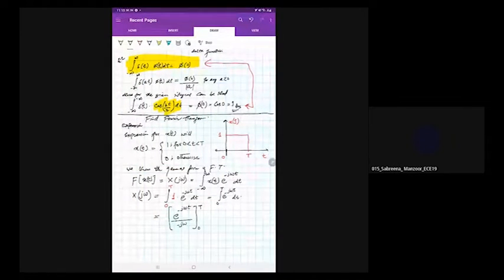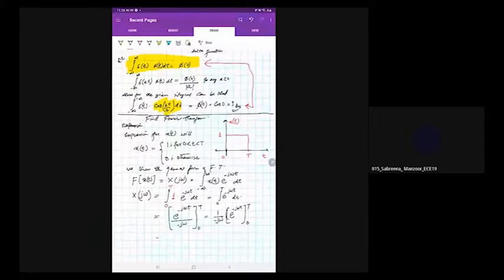So we can then finally write it down. I will take 1 by minus j omega outside because limits will be assigned to only a term which has t associated with it. So inside you have e raised to power minus j omega t, with limits 0 and t.